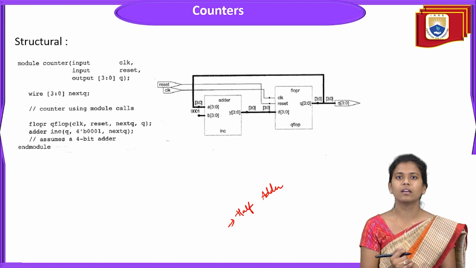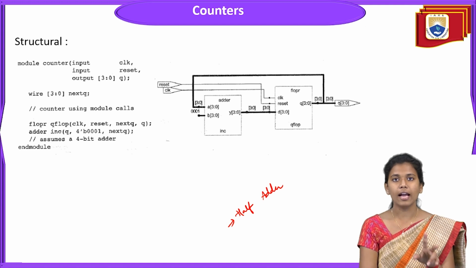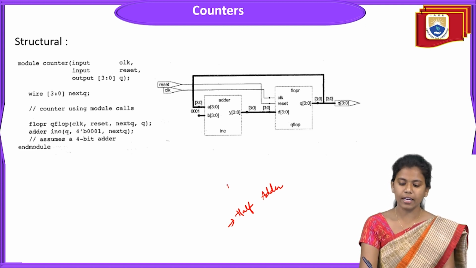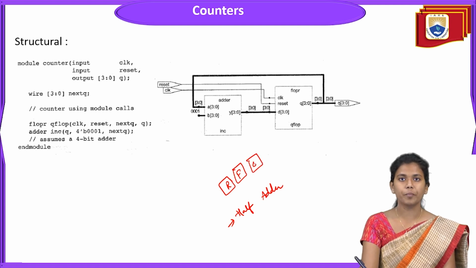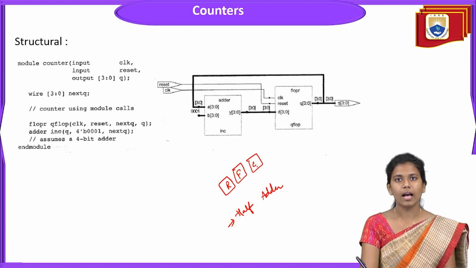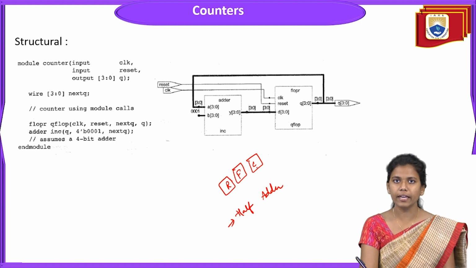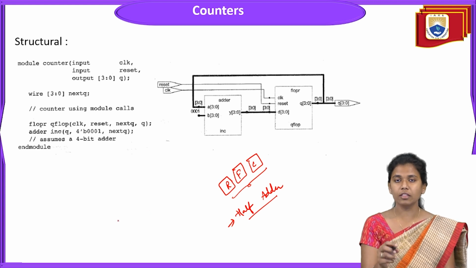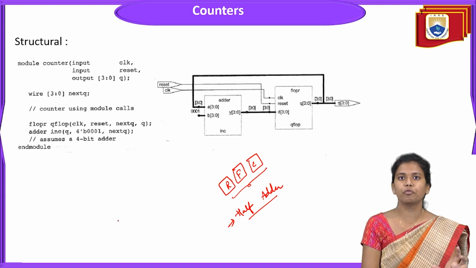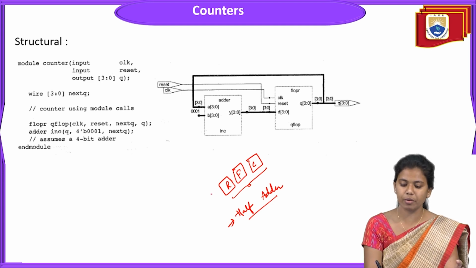How will I design it? To design this half adder, I need the registers, the flip-flops, the clock, and whatever else is needed. So the first and foremost thing to remember in structural modeling is that the design comes from the peripheral devices, the small devices.